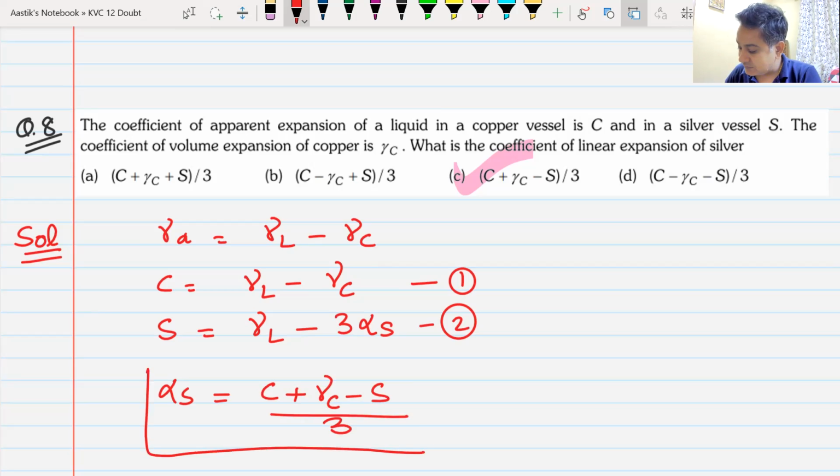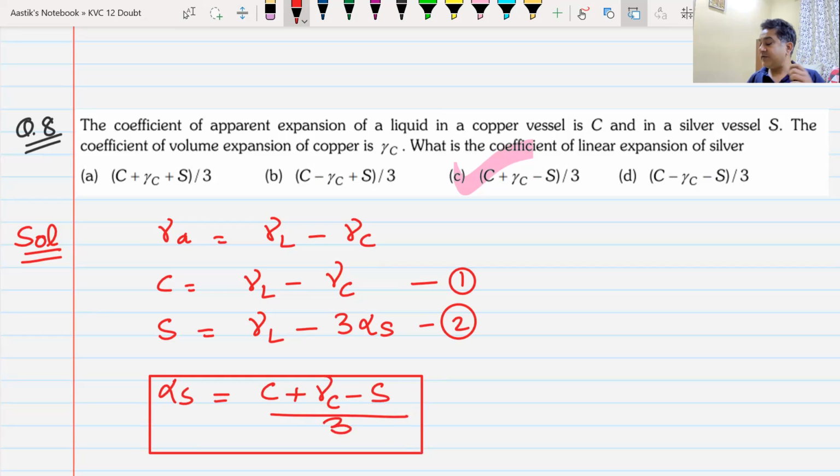This is the answer that we are looking at. Do we understand this? Yes or no? Everyone understands this? Okay.